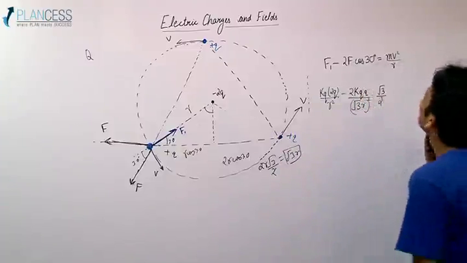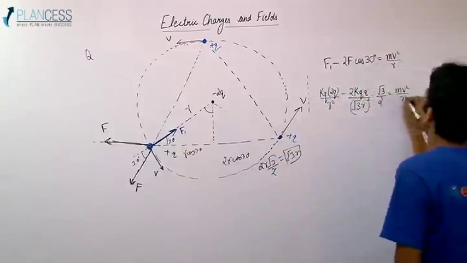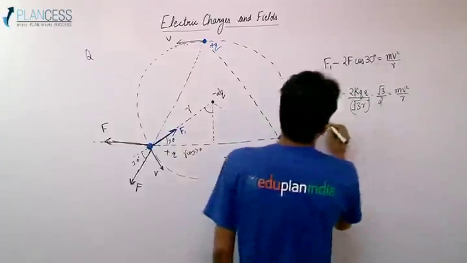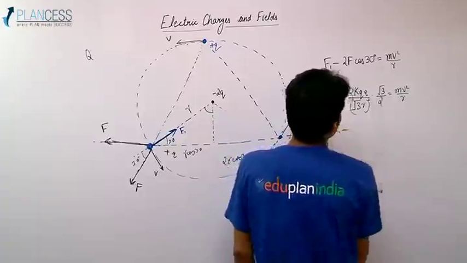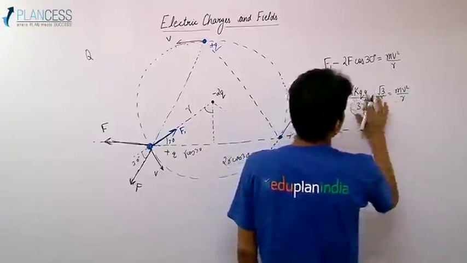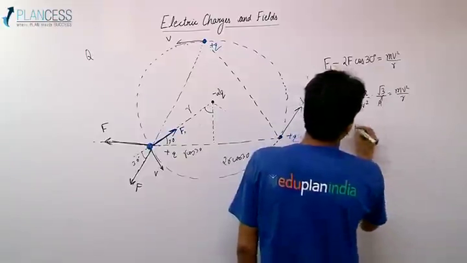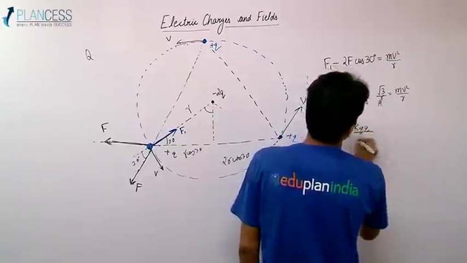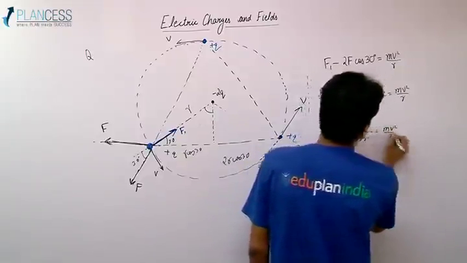Yes, and which is equal to mv square by r. So this can be written as 2kq square by r square minus, this 2 gets cancelled out, this can be written as 3r square. So it would come out to be kqq by root 3r square equals mv square by r.